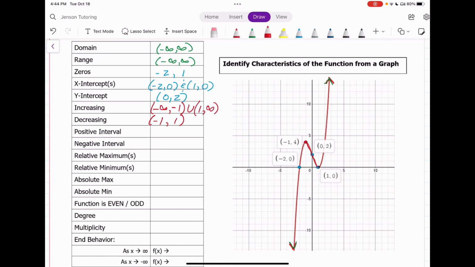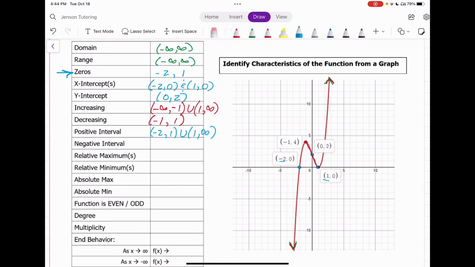Okay, then our positive interval, remember positive intervals are going to correspond to the zeros here. So my graph, my y values are positive from negative 2, and again this is interval notation, so from negative 2 until I get to 1, union, and it's bouncing, my graph is bouncing there, so I have to say union 1 to positive infinity.